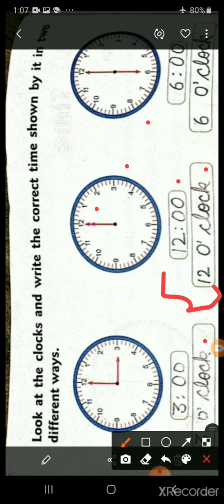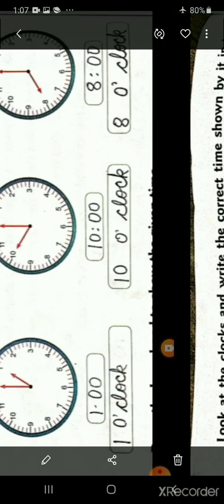In the third picture you can see that the clock tells the time 6. How? Let's see, when the short hand is on 6 and the minute hand is on 12, it will be 6. You can write in another way, 6 o'clock. Like this you will do.